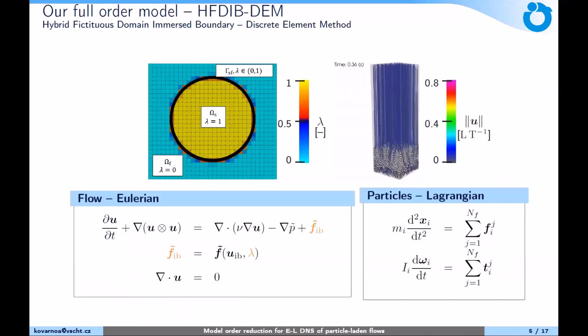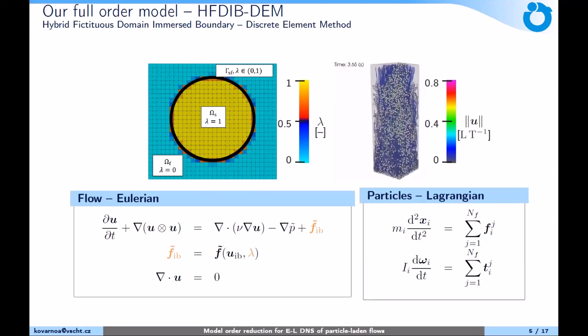But we have a problem that we cannot use the projection for our model with the particles, because the particles cannot be described by the large system of ordinary differential equations, because they are treated in a different framework and they are treated separately.